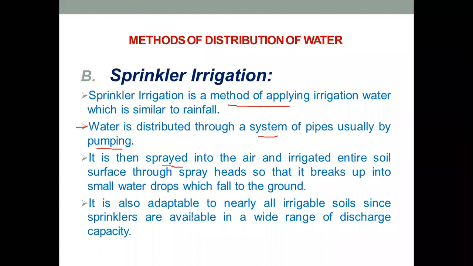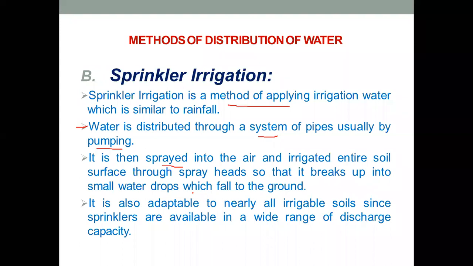Okay, it is adaptable to nearly all irrigable soil since sprinklers are available in a wide range of discharge capacity. So these were some characteristics of sprinkler irrigation. It is a simple setup to study, but not such a simple setup to apply on agricultural fields.